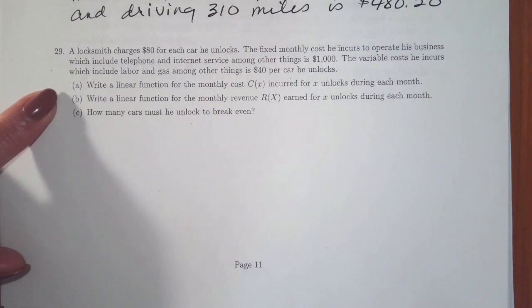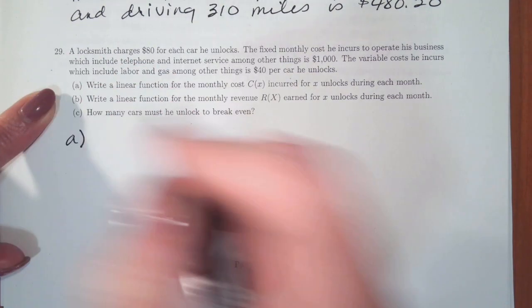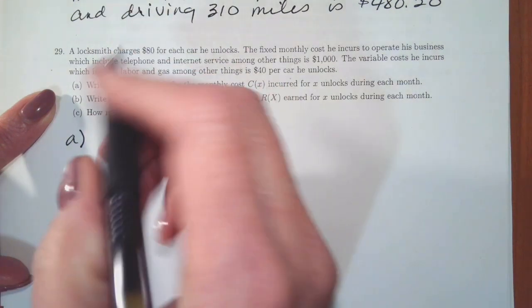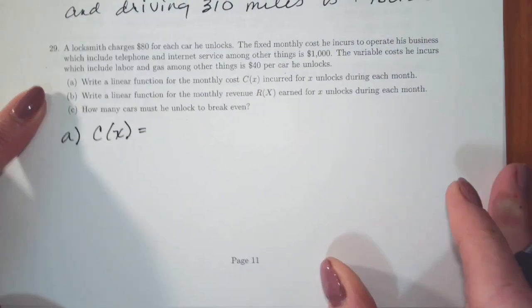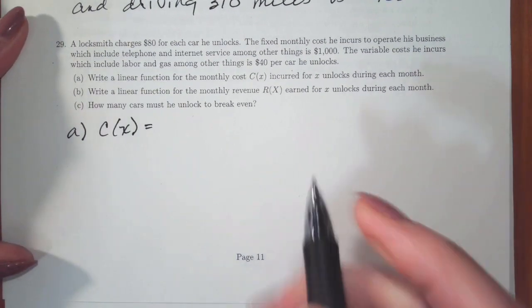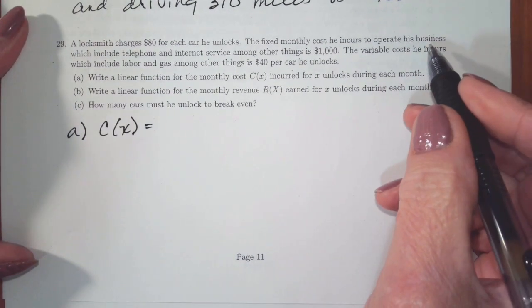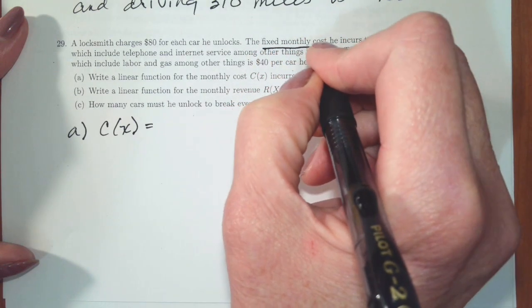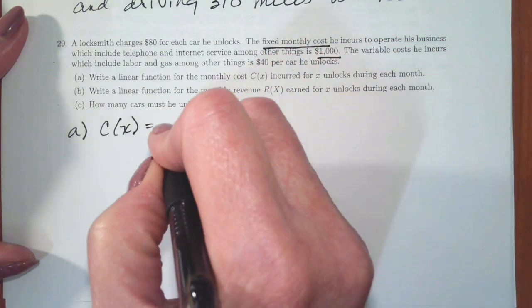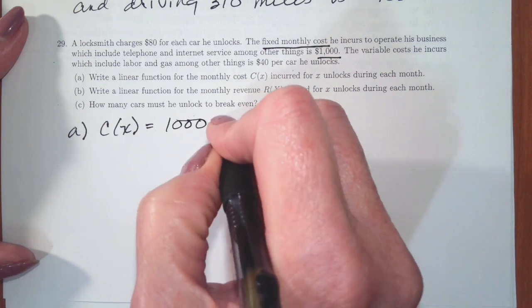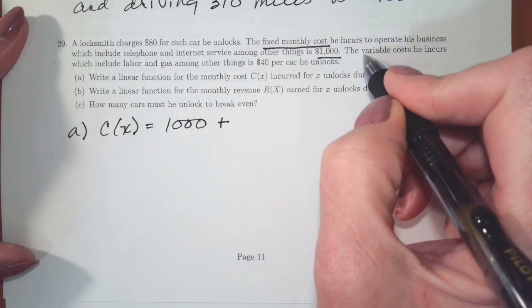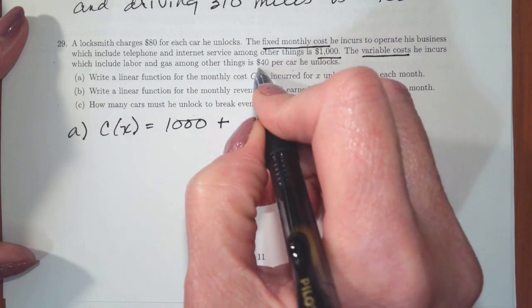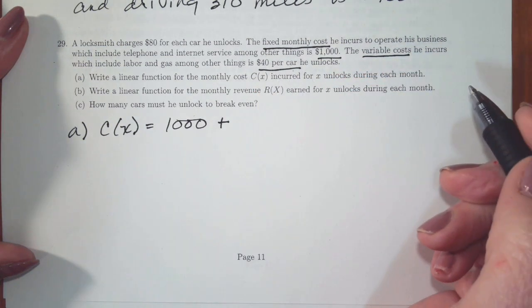So part A asks us to write a linear function for the cost. So C of x is going to be his fixed cost. Fixed monthly cost is $1,000 plus his variable costs are $40 per car.